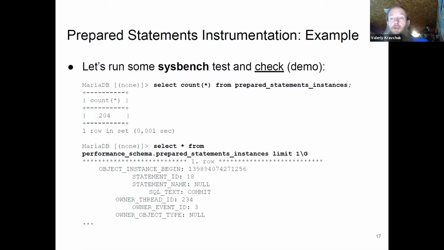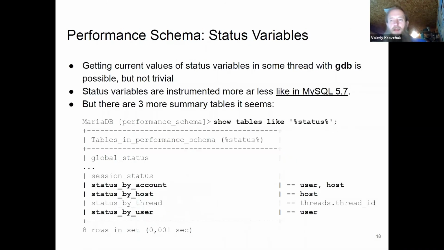In the more extreme case, with more threads, we can see much more instruments, and we can capture commits in the process of the test or anything. I captured just update, it depends on timing. Once again, this owner thread ID is something to join to threads from performance schema.